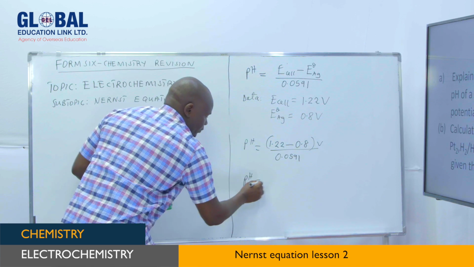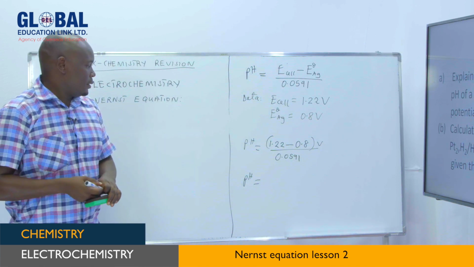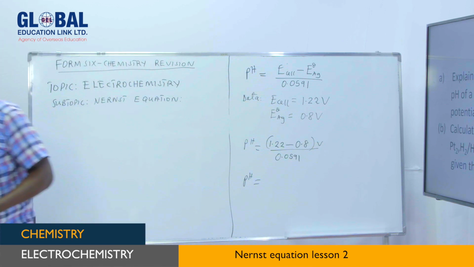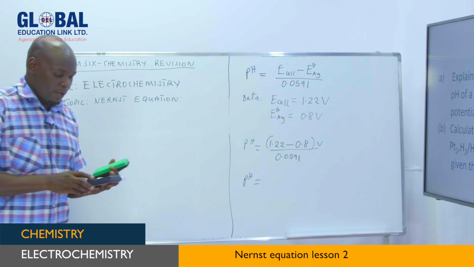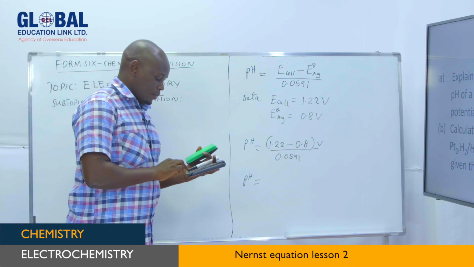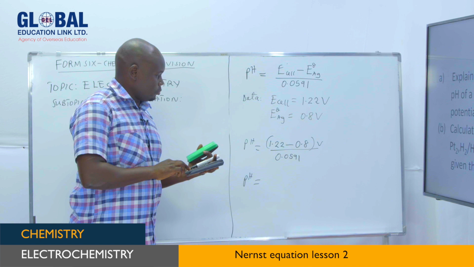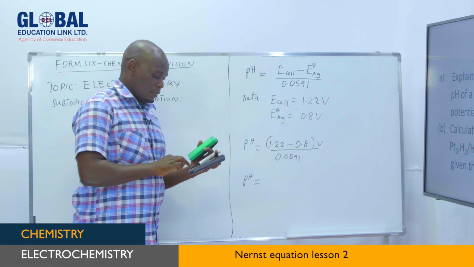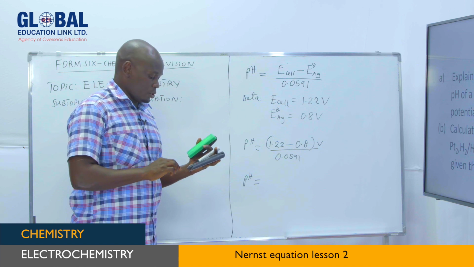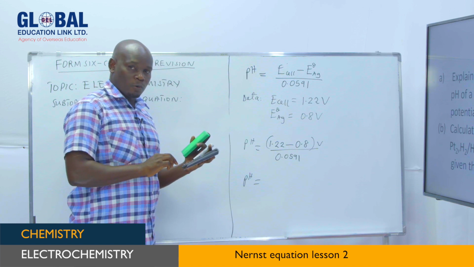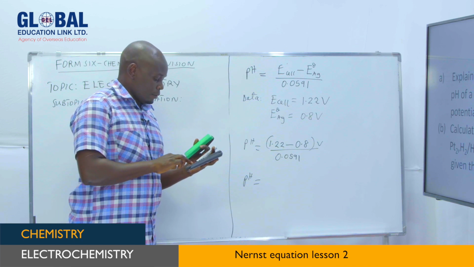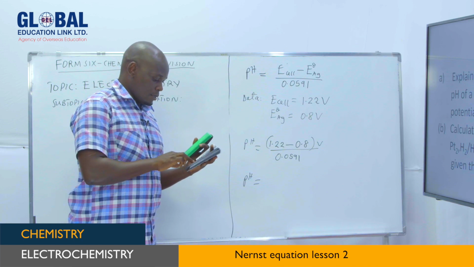Take your calculator now, my dear students, and feed this data into your calculator so that you can prove if you have the same answer as my answer, which means that it is 1.22 minus 0.8, which is equal to 0.42, and divide it by 0.059.